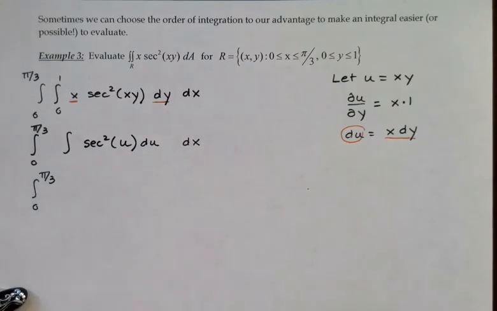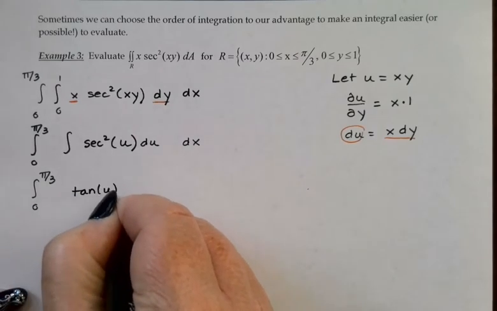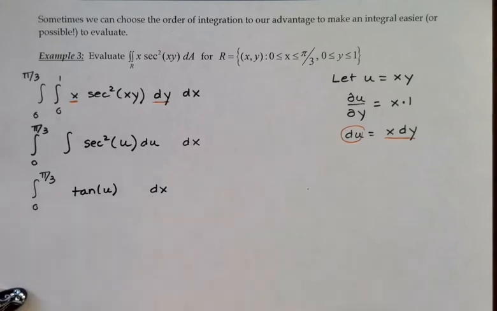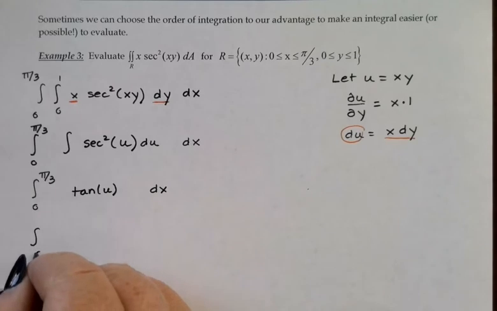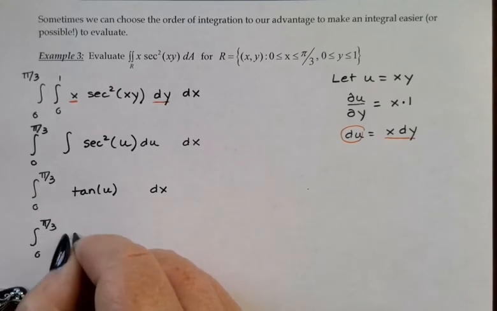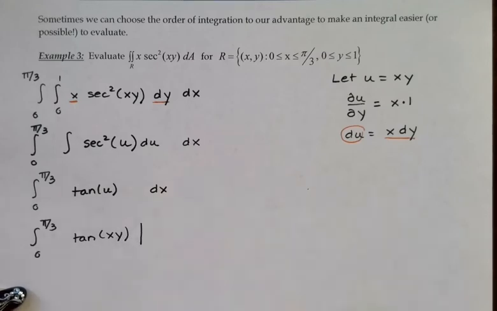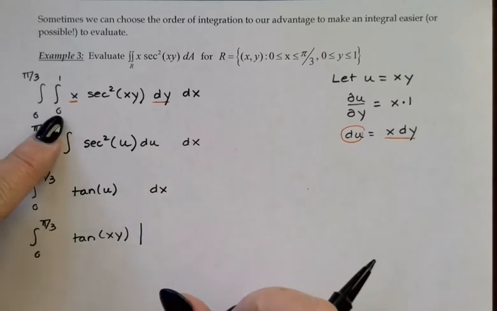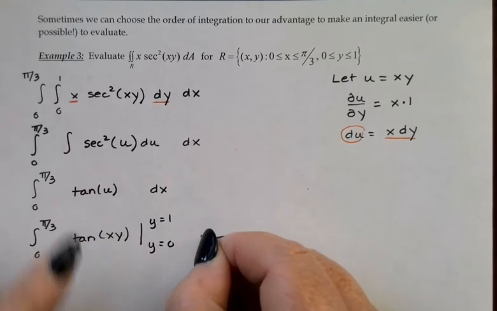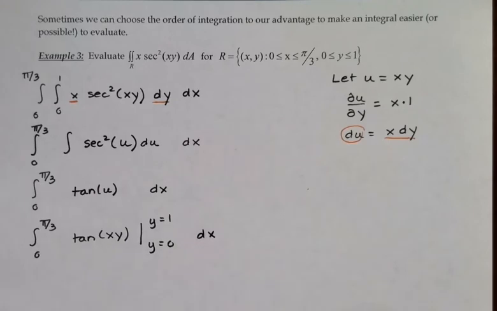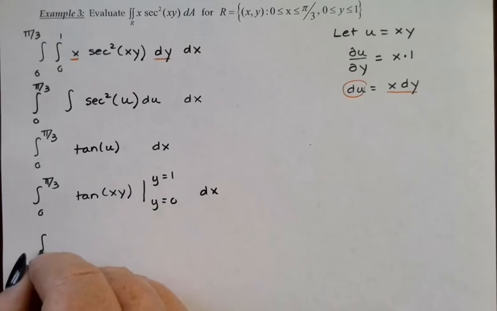All right, the integral of secant squared u du is just tangent of u. And now I can put back u is actually xy. And now finally I've got my y variable back. Y was supposed to go from 0 to 1. All right, back on solid ground, we'll use our fundamental theorem of calculus.